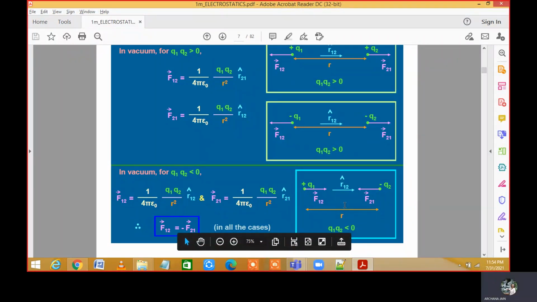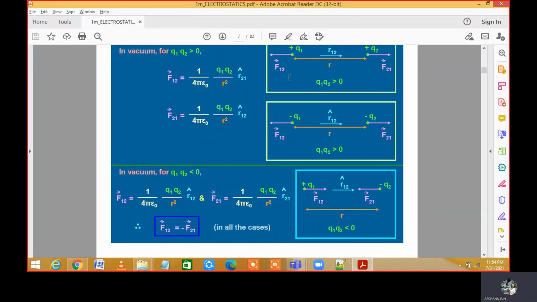Now see here in this figure, in the first, second or third figure, in all these cases, F12 and F21 are opposite to each other. This means whether the force is attractive or repulsive, the directions of the two forces are opposite to each other. Magnitude wise they are the same, but direction wise they are opposite.